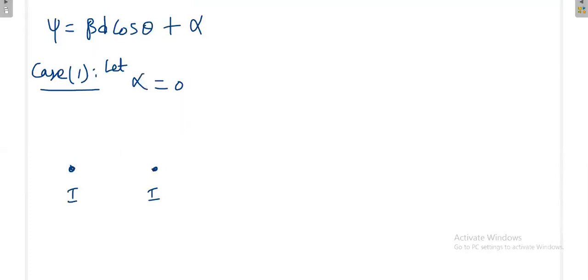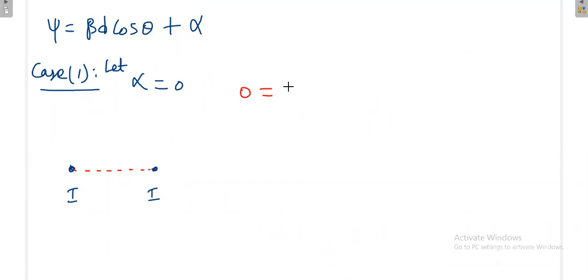And again, you know that this is the antenna array axis. Once alpha is equal to 0, the phase of the excitation is 0. And you know the condition for maximum radiation. When you want to find the maximum direction of radiation, simply psi has to be 0.